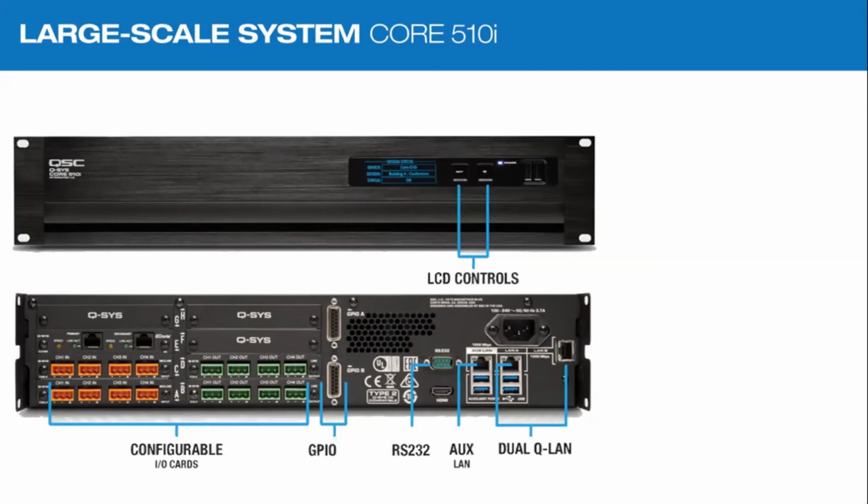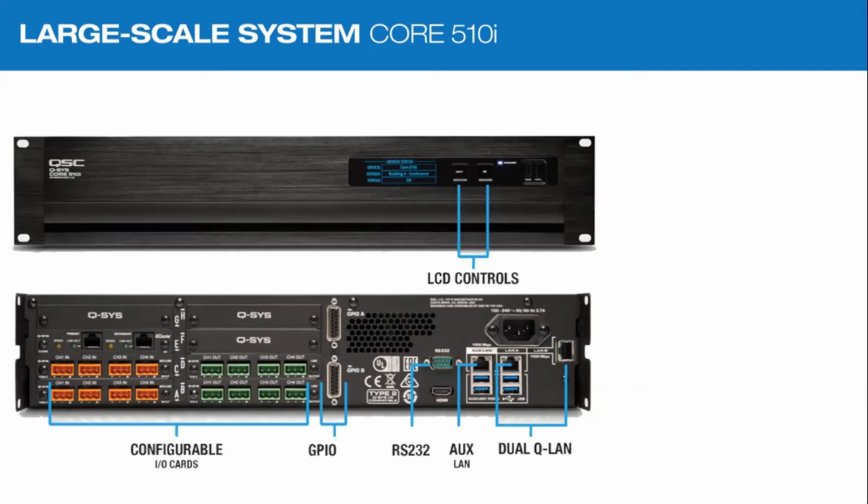Then we have a legacy RS-232 port. And the big difference from a network perspective on a Core 510 is you have 3 Ethernet jacks and not just 2. So we have our main and redundant QLAN ports. We call them QLAN A and QLAN B. In addition to that, on the Core 510, we have what we call an aux LAN. So this is an additional network port that you can use to interface this core with a corporate network or with the control network, for example.